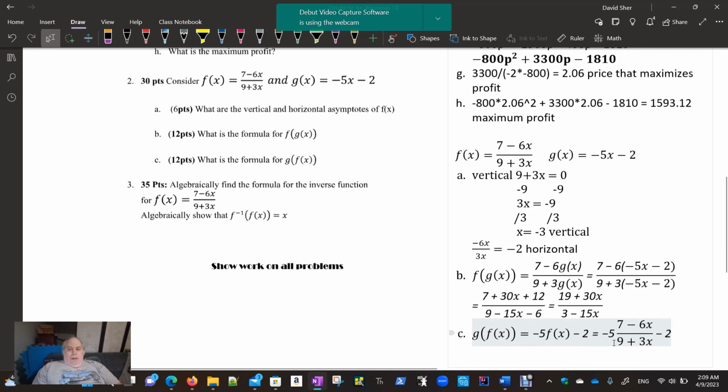So, once again, I'm going to take minus 5 over 1 times that, because it's multiplied by a fraction. This becomes minus 2 over 1.